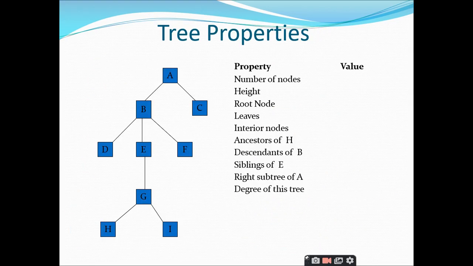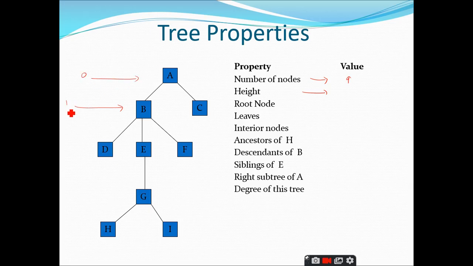So we just go through these concepts. Give me the values of these particular properties. What is the number of nodes in this example? 9, sir. What is the height? 4, sir. 5, sir. Right. When you want to find the height, you give the level numbers.